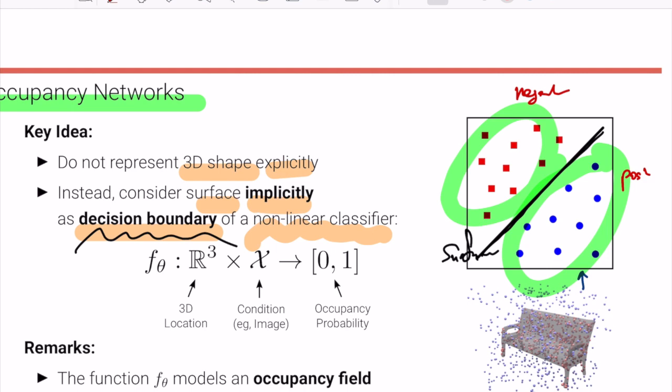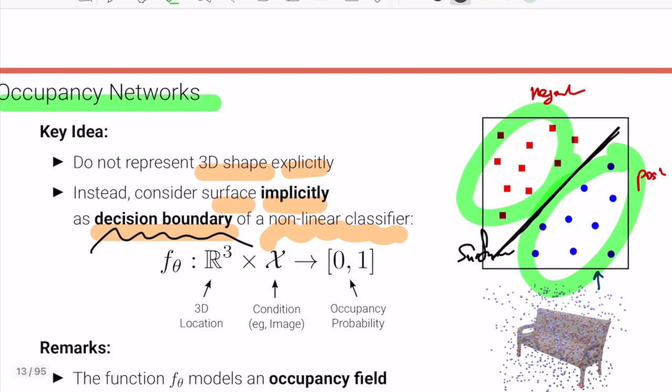So if we have a good nonlinear classifier to classify such negative points and positive points, the points inside or outside of the object, maybe that nonlinear classifier is going to be a direct way to represent the surface of the object. This is the idea of the occupancy network.